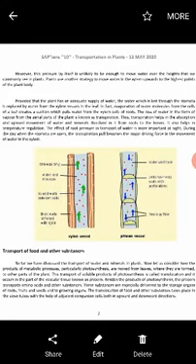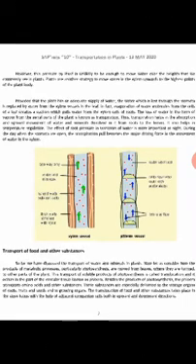Next one, transport of food and other substances. So far, we have discussed the transport of water and minerals in plants. Now, let us consider how the products of metabolic process, particularly photosynthesis, are moved from leaves, where they are formed, to other parts of the plant.